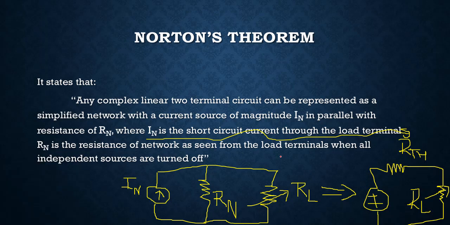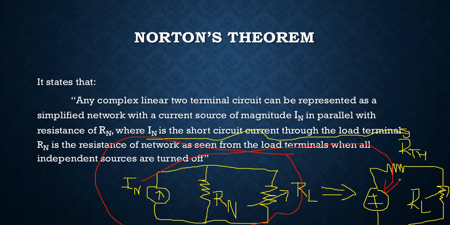On the other hand, if I have the Norton equivalent circuit and need to find the Thevenin equivalent, I just need to convert this current source into its equivalent voltage source, right? So if I am given a circuit and asked to find both the Norton and Thevenin equivalent, we just need to find one and apply source transformation.